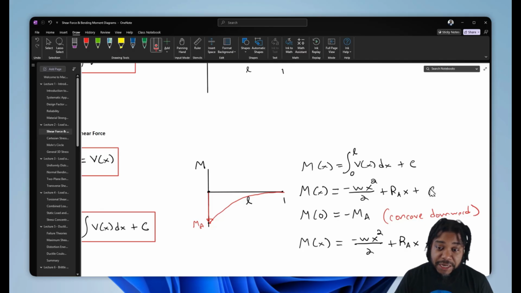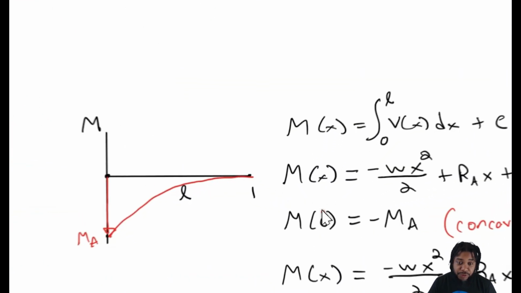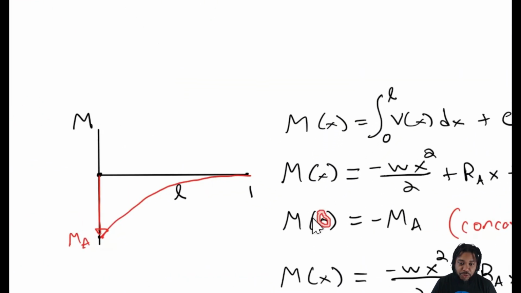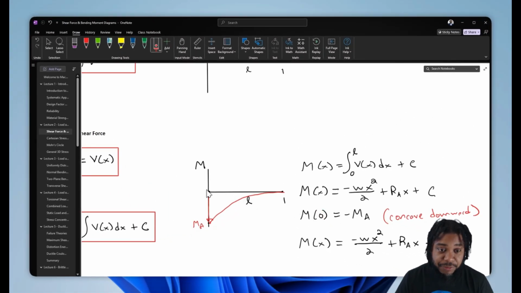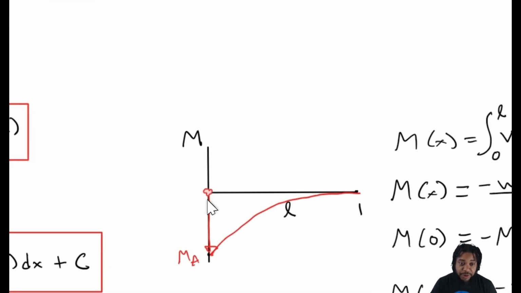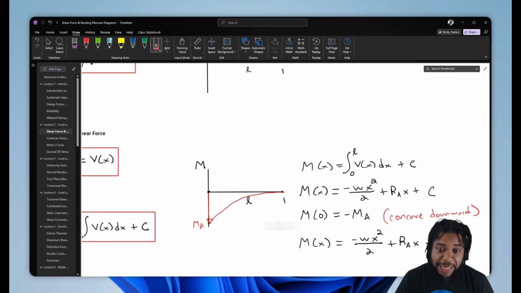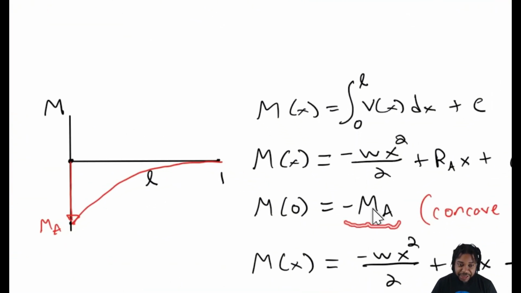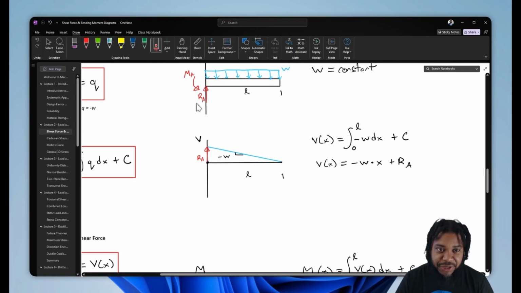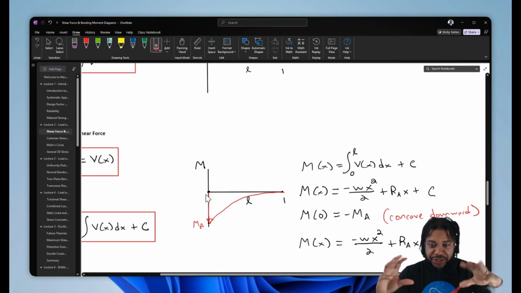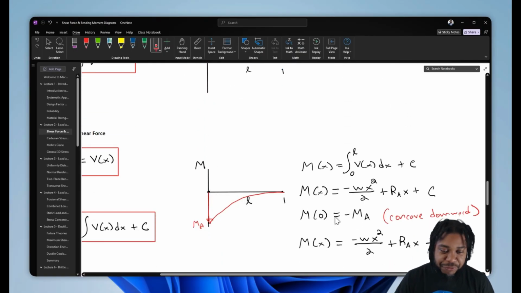Now to solve for that constant of integration C, let's set x equal to 0. What happens when M is at x equal to 0, at the beginning of our beam? Well, at the beginning of our beam, the only thing that should be applied is our reaction MA, right? The reaction that we have in our body, which is a negative MA, concave downwards.